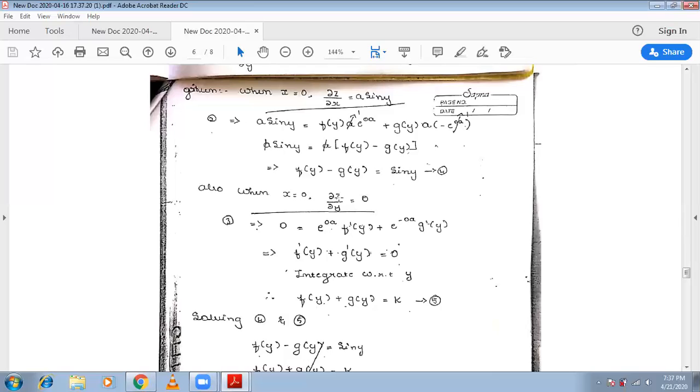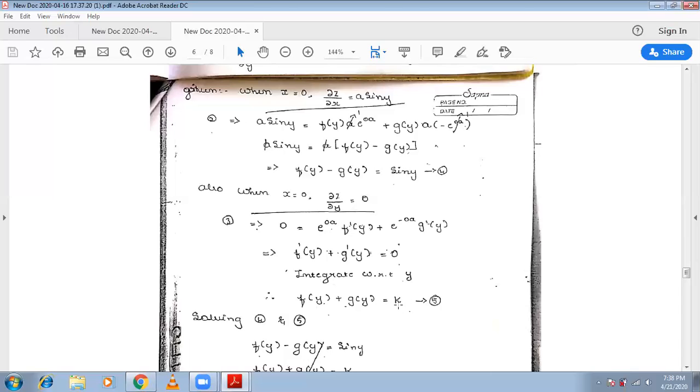Next, put x is equal to 0, del z by del y is equal to 0. In equation 3, we obtained f dash of y plus g dash of y is equal to 0. Equation 4 involves f of y, g of y, but here we have f dash of y, g dash of y. We have to eliminate the derivatives here. By integrating this with respect to y, we get f of y plus g of y is equal to integration constant k.